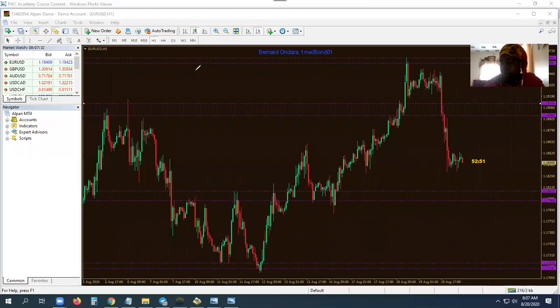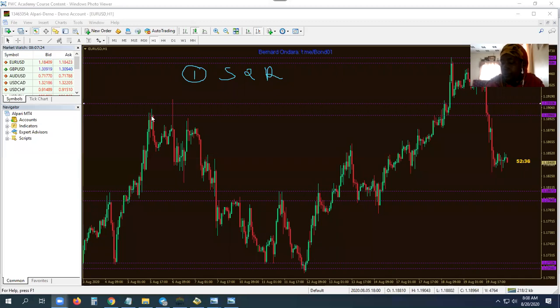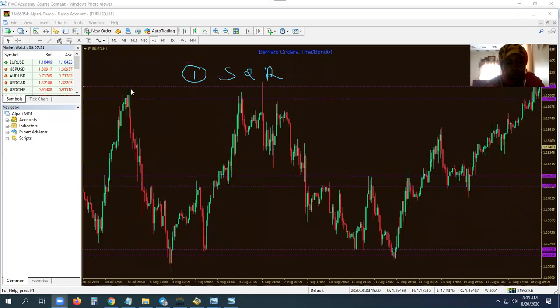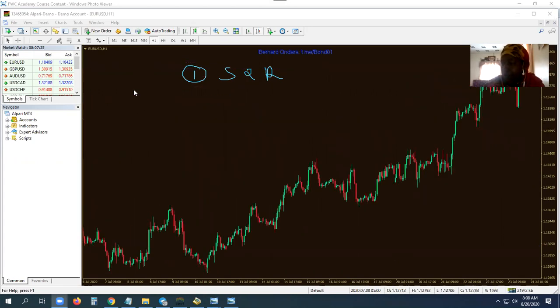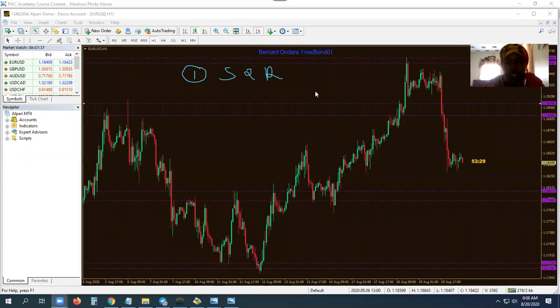Number 1, a good support and resistance must have worked as support and must have also worked as resistance. Whenever you're drawing your levels, like this one I've drawn as resistance, if I think price reversed here, I need to go back and check whether it has worked as resistance before. I realize yes. And I can also go back and see whether it has worked as support. So if a level has worked as both support and resistance before, you can expect it to work in the future.